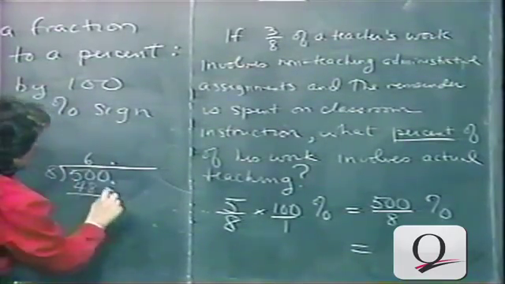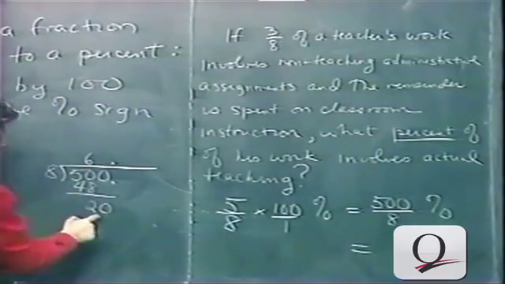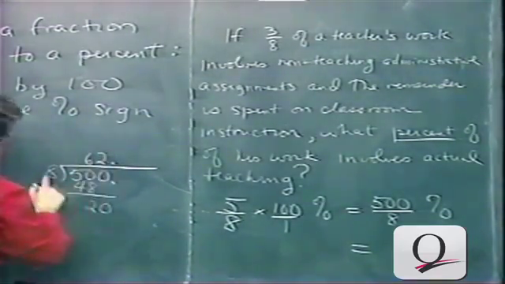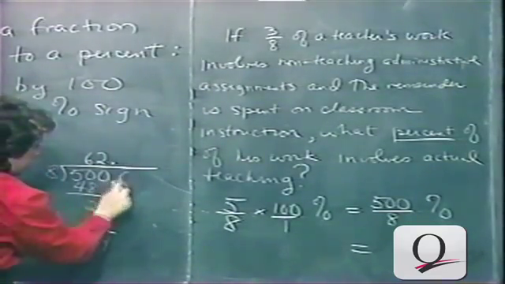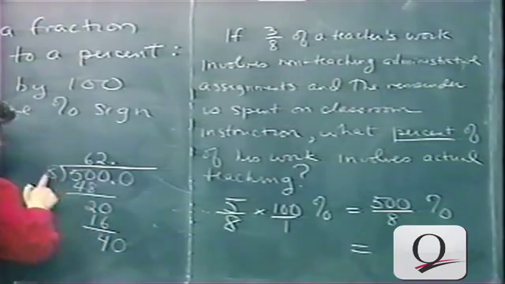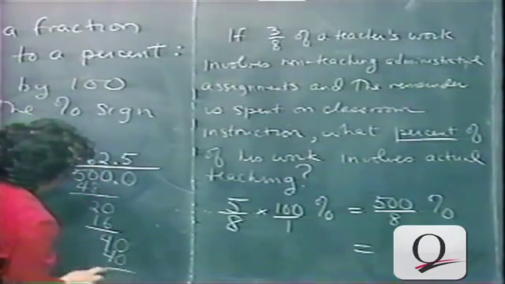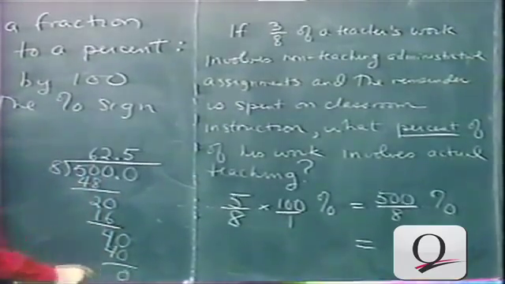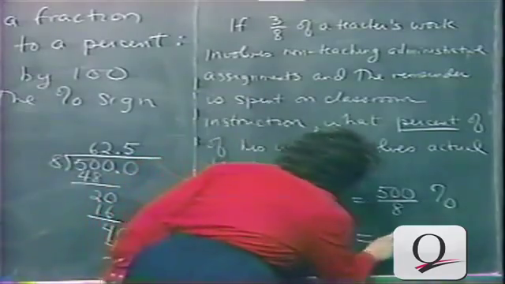Subtract: 50 take away 48 is 2. Bring down the 0. 8 goes into 20 2 times. 2 times 8 is 16. Subtract, bring down the next 0. 8 goes into 40 5 times, 5 times 8 is 40, and there is no remainder. So we see that 500 divided by 8 is 62.5.